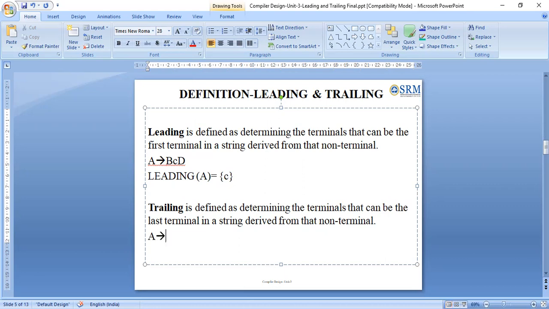A tends to B, c, D, and I include an E. To avoid confusion, I am extra adding an E. Now the question is, what will be the trailing of A? Trailing of A is the last terminal symbol in the given string. From the last, what is the symbol? E.